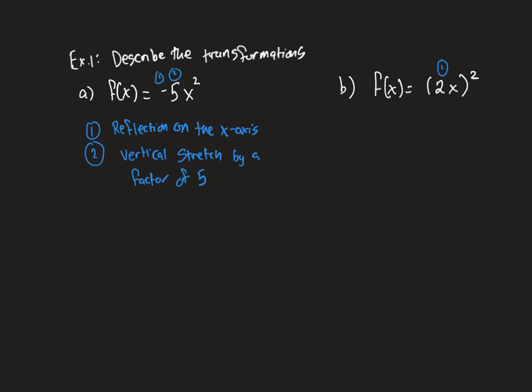Well, it's only one of them, and it's a 2, and it's on the inside, so that's a whole number. So this would be, first of all, it's on the inside, so it's horizontal. It's a whole number, so it's going to be a compression by a factor of, and you have 2 there, so you turn that into 1 over 2.